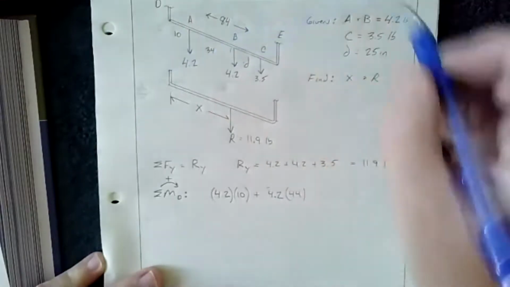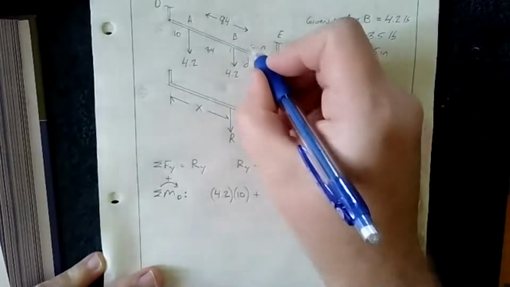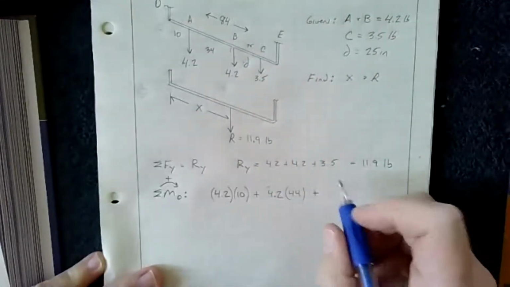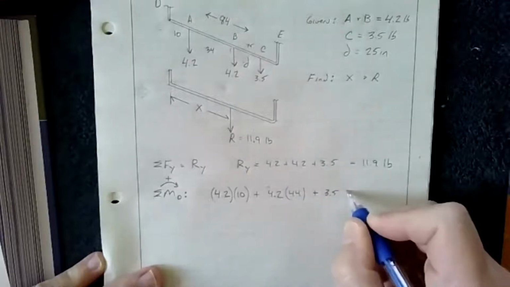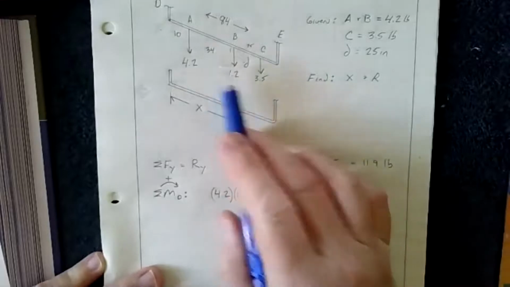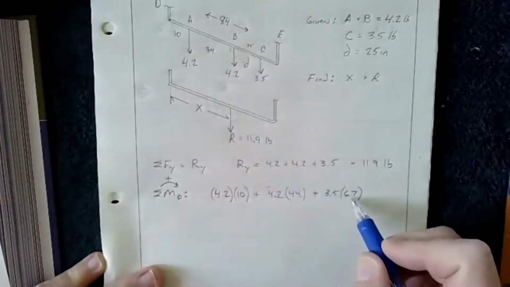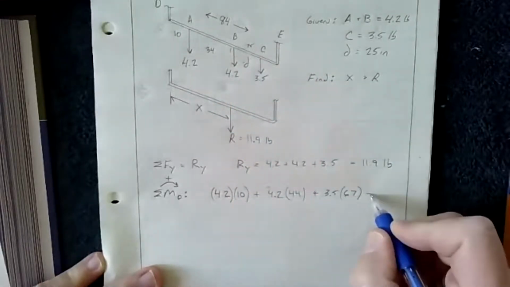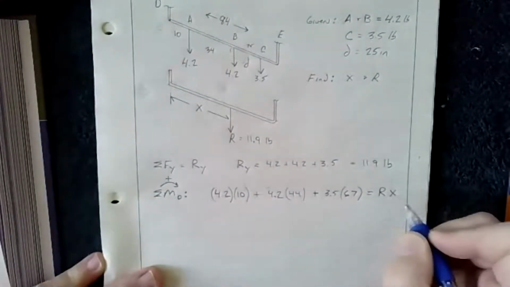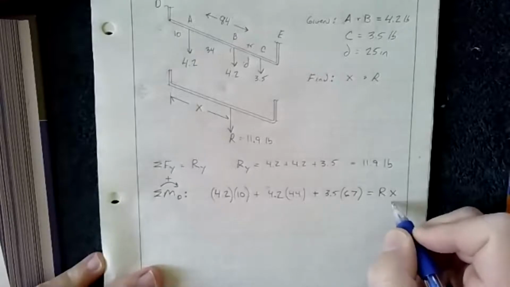And now we're given that D is 25. So we know now that plus 3.5 times 67. That's going to be 44 plus 25 gives us 67. And all of that equals the resultant times the x. Okay, and that's what we want.